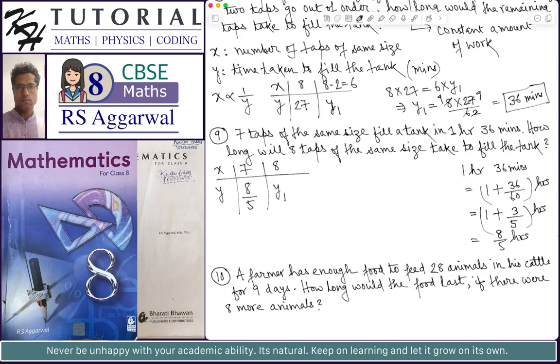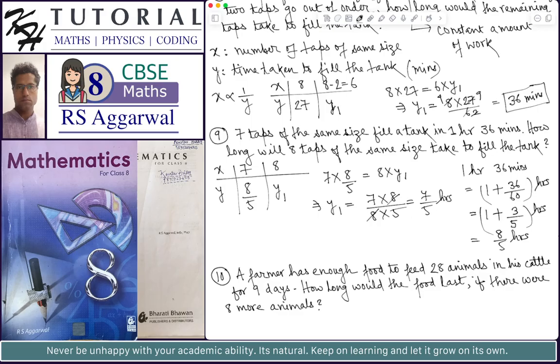So 7 multiplied by 8 by 5 is equal to 8 multiplied by y1. This implies y1 is equal to 7 multiplied by 8 divided by 8 multiplied by 5. 8 cancels. This is 7 by 5 hours.